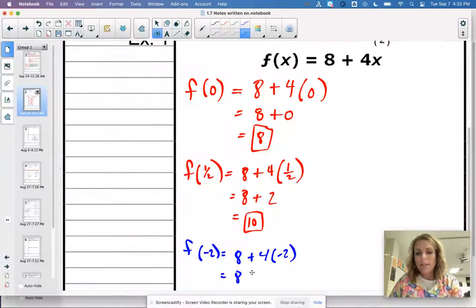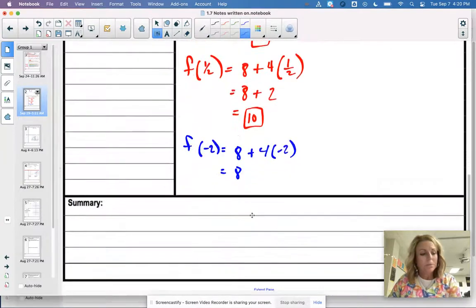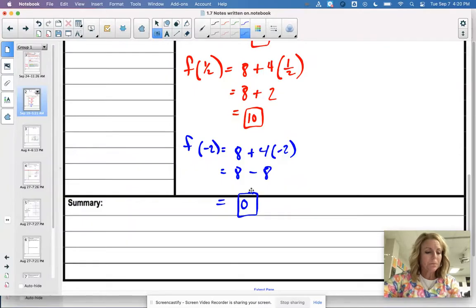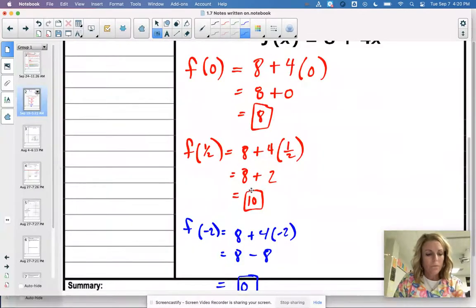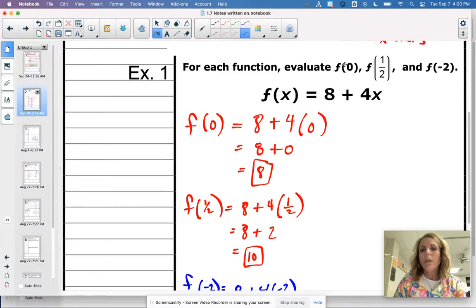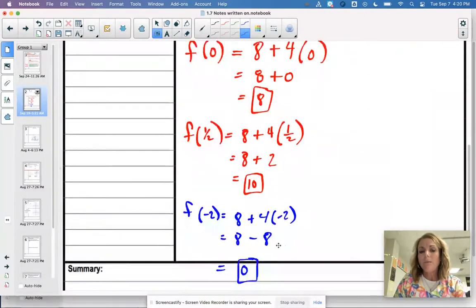Well, 4 times -2 is -8. 8 plus -8 is 0. So each of these inputs, 0, 1/2, and -2, generated a different output: 8, 10, and 0.